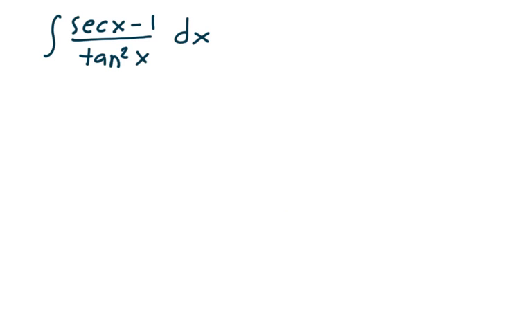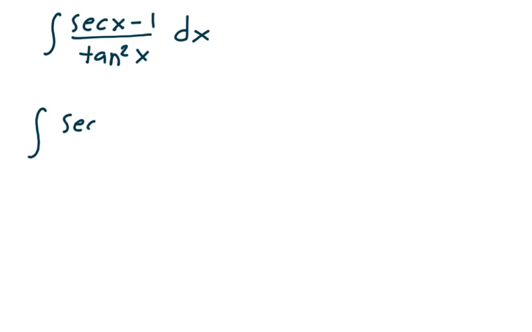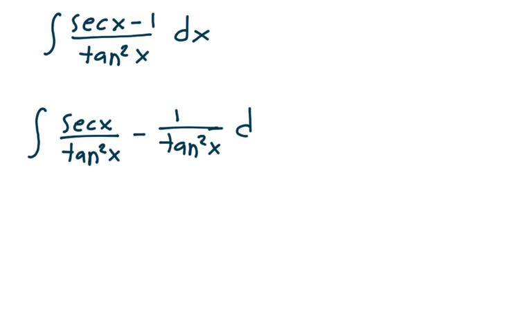Right? So now, let's split apart this fraction. So we're going to get secant x over tangent squared x minus 1 over tangent squared x dx. So we have this. Now, I'm going to write this in terms of sines and cosines.